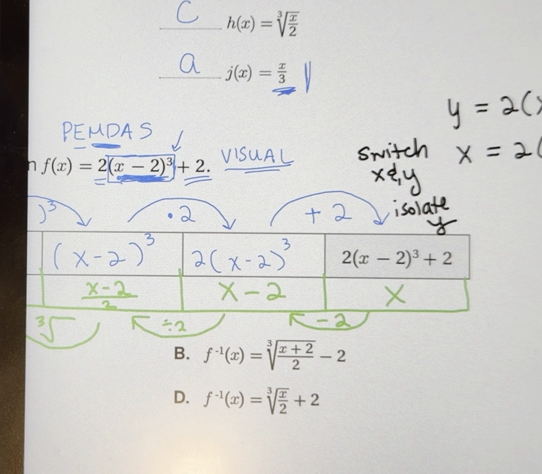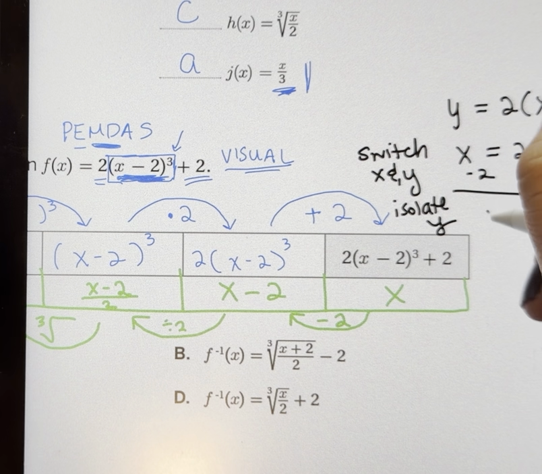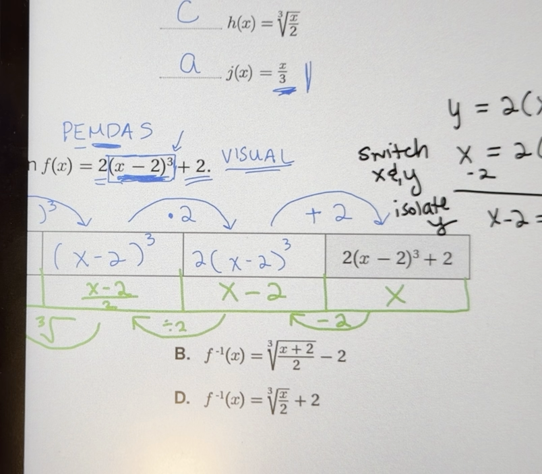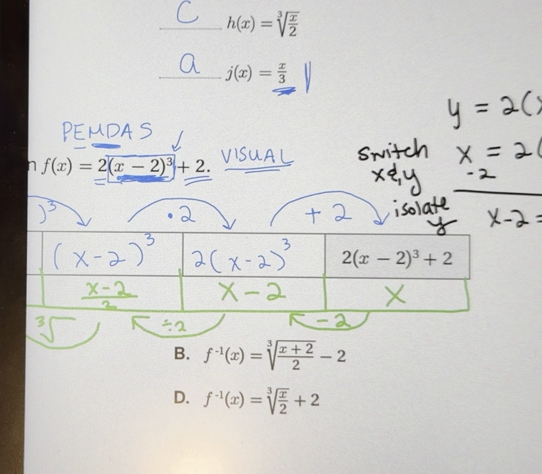So we have to first get rid of that 2 by going -2, -2. So we get x minus 2 equals 2 times y minus 2 cubed. Man, that's a lot of 2's. And then we divide both sides by that 2. You can't distribute it because of the cube, and you wouldn't even want to.